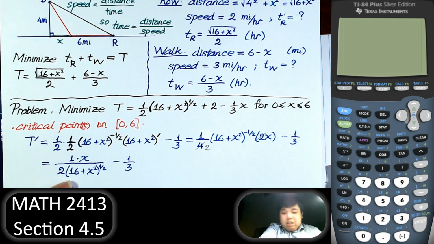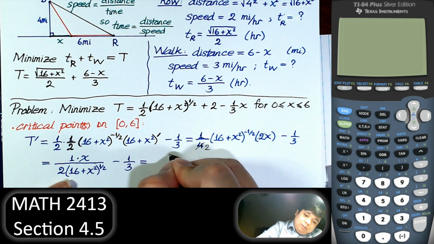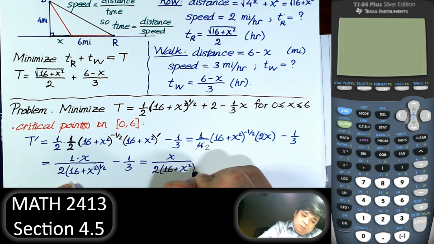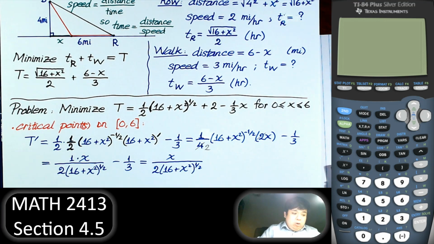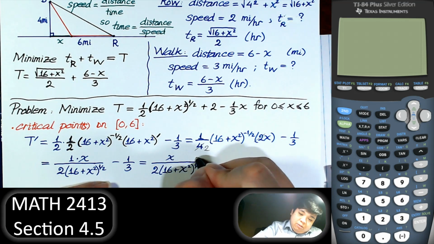Now we try to get a common denominator and combine them. To get a common denominator, I will multiply 3 on the top and bottom.